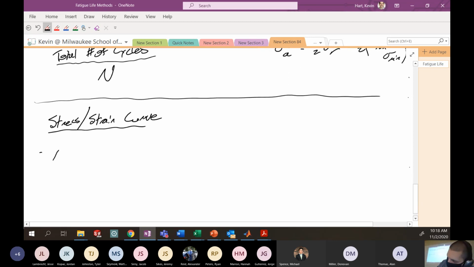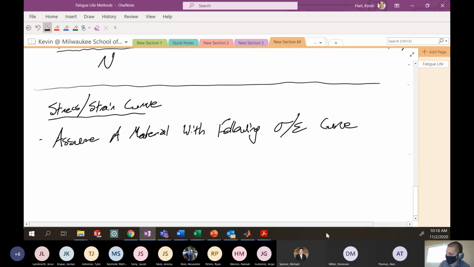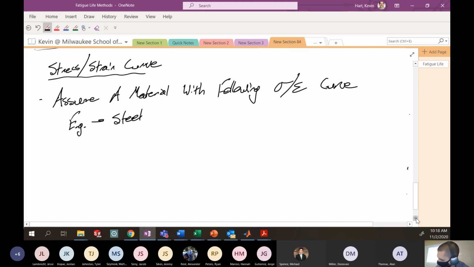Let's assume a material with the following stress versus strain curve. We'll assume that it's a yielding metal. Let's just say some sort of steel.